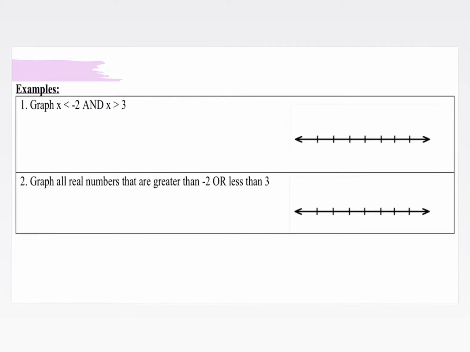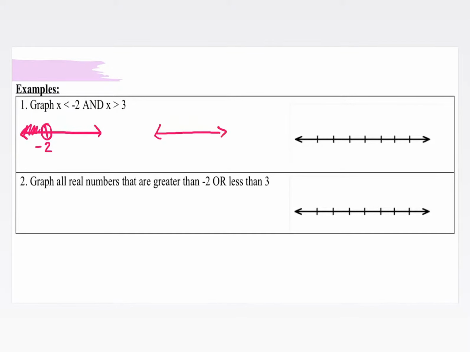Let's graph x is less than -2 and x is greater than 3. So if x is less than -2, I'm going to graph that separately first, just like we did before. This is an open circle. X is less than -2, so we're going to shade to the left-hand side.